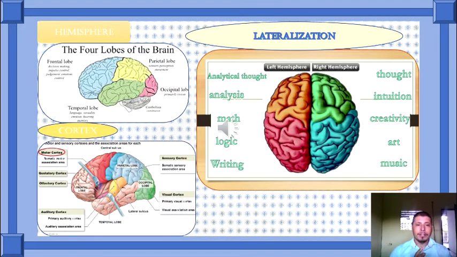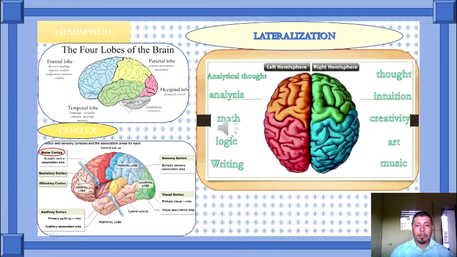And then we have the cortex. In the brain we have different cortices. Each cortex has a specific function. We have the motor cortex, which is related to semantic, motor, and association areas. We also have the sensory cortex, and we have the visual cortex and the auditory cortex.